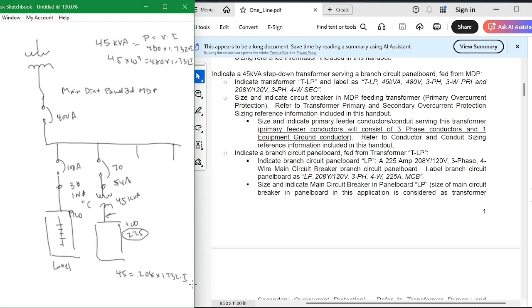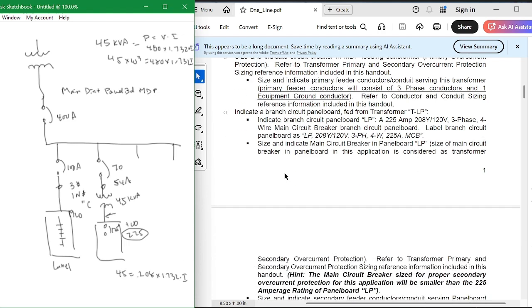So you got to protect this with a 125 amp breaker. So this is why there's a 125 amp breaker in this thing. Okay. It's a little confusing, but it's all very doable when you're laying this out. Okay, now, what else is there here?